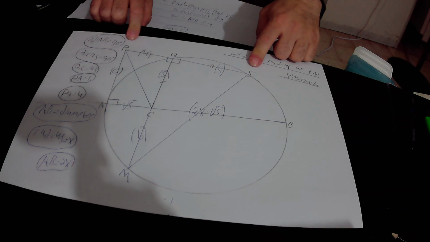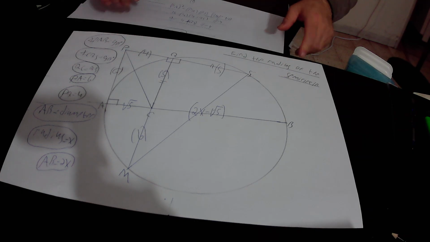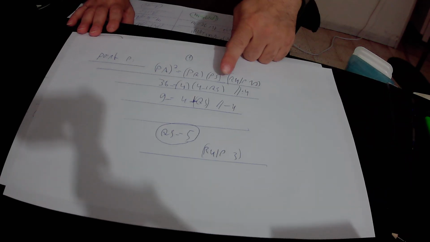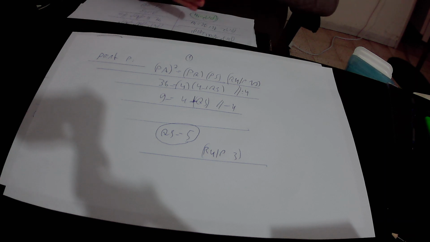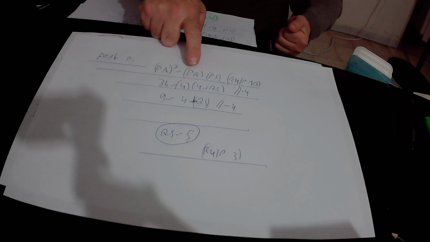PS equals PQ plus QS, that is, PS equals 4 plus QS. So here we substitute PS by 4 plus QS. In conclusion, according to rule number 10, 36 equals 4 times (4 plus QS).